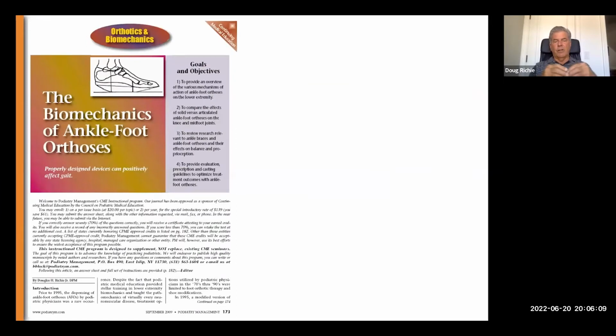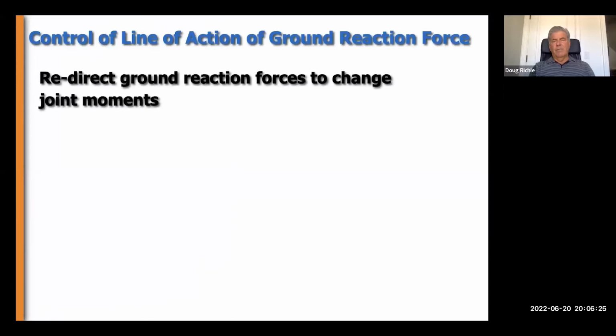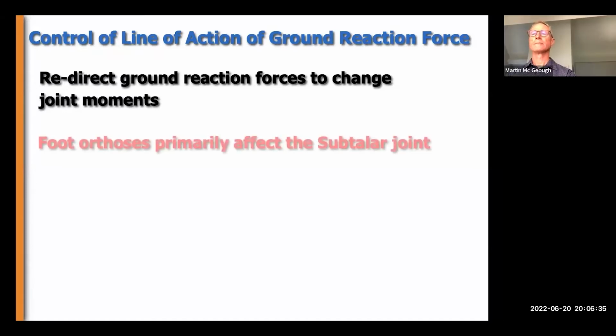I wrote an article about 10 years ago summarizing the biomechanics of ankle foot orthoses, which are much different than the biomechanics of foot orthoses, and I'm going to summarize some of the findings for you. Foot orthoses function by redirecting ground reaction forces and ultimately change joint moments more proximal to the foot orthotic itself.